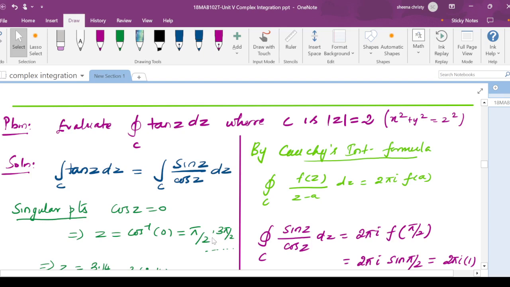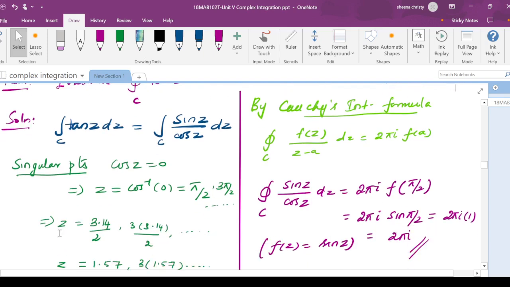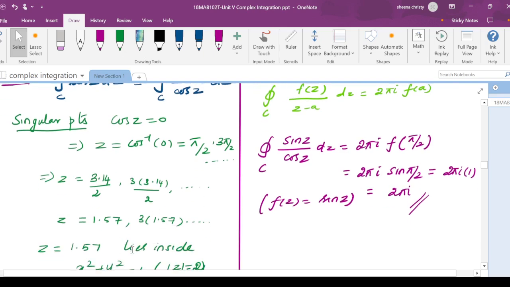So you can observe that the point z equal to pi by 2 is nothing but 3.14 divided by 2, and then 3 times 3.14 divided by 2, etc. You can observe that 3.14 divided by 2 gives you 1.57, and the second point is going to be 3 times 1.57.